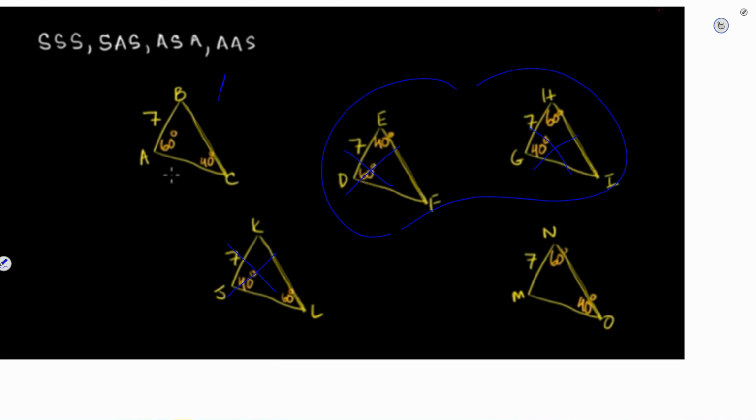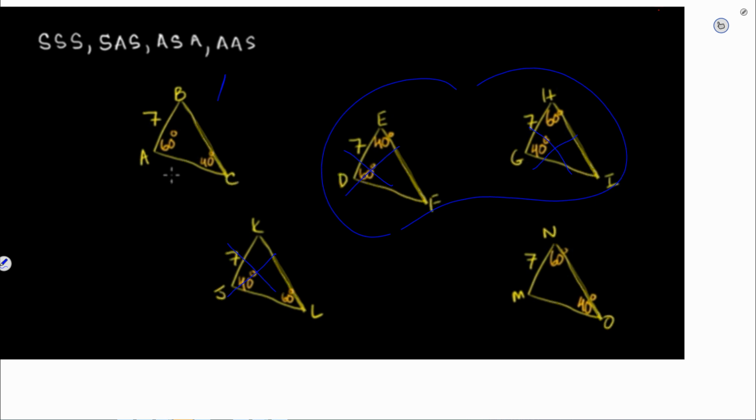A was the 60-degree angle. So when I name this one, I have to start with the 60-degree angle, which is an N. B is the empty angle. So my next one would have to be the empty angle, which is M. And then C is the one with the 40 degrees, which is O on the corresponding parts of that triangle.